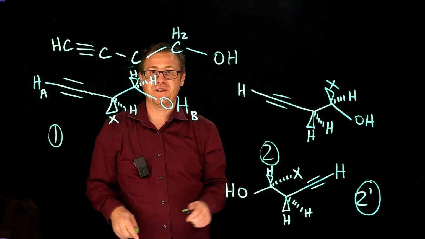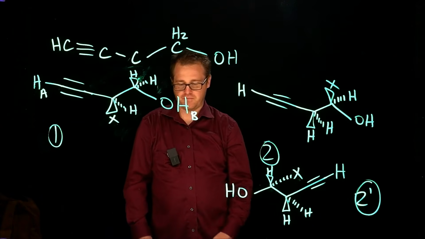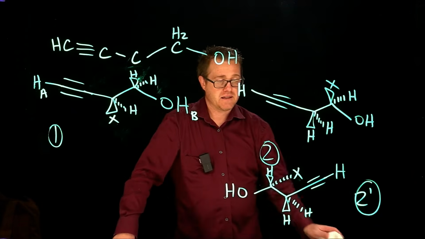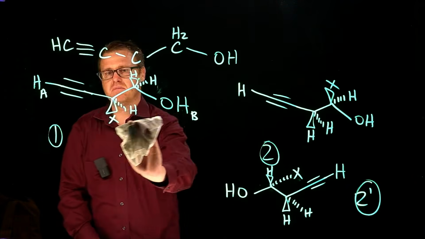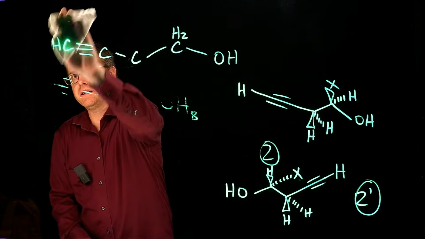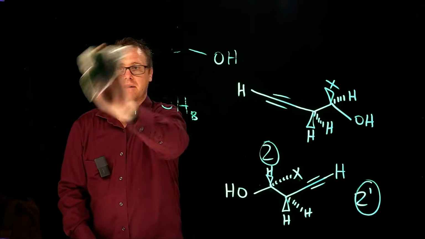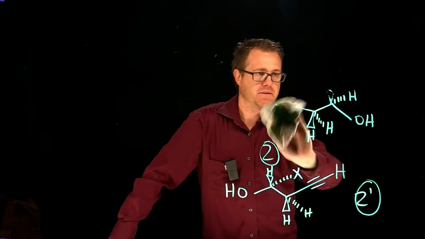Those would be constitutional isomers, right? And not equivalent. So in that particular case, doing the replacement test was rather long, right? But it gets you to the same answer. You can use symmetry arguments, or you can use replacement tests.